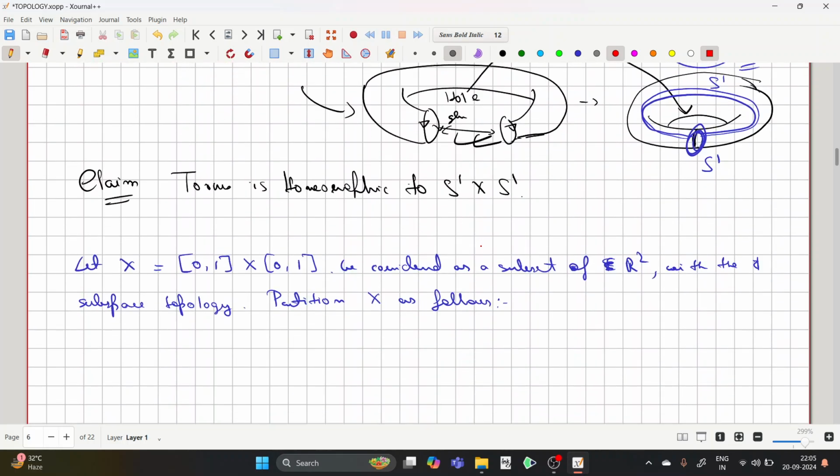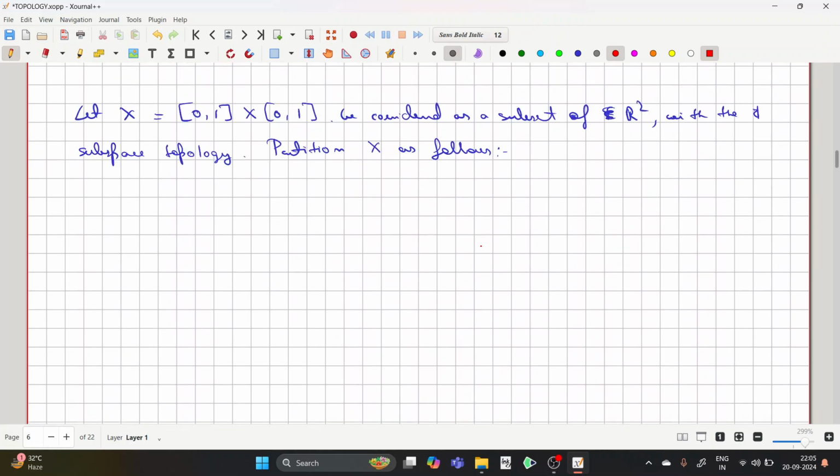So now let me give the precise definition of how this partition takes place. What are we actually doing? We are identifying the points x0 with the points x1 for all x. We are identifying the points 0 y to the points 1 y for all y, and these two generate the relation we require.